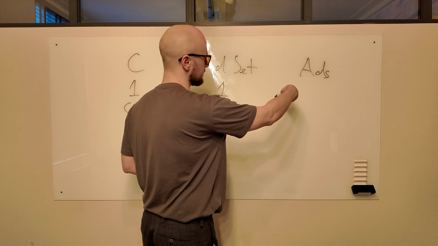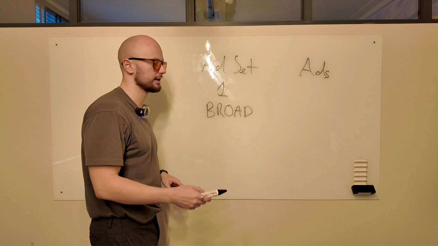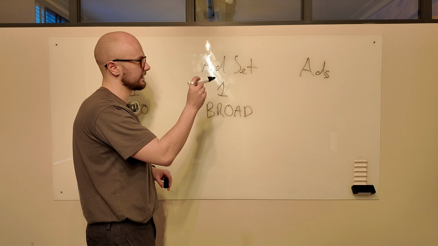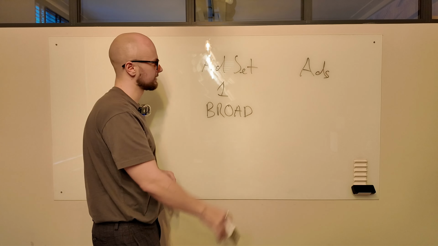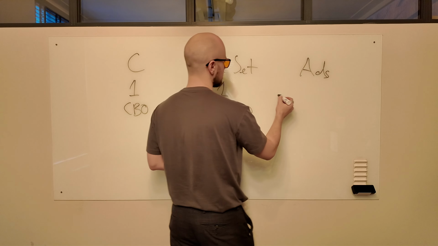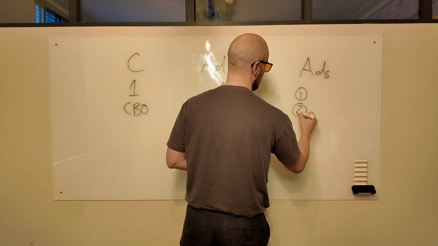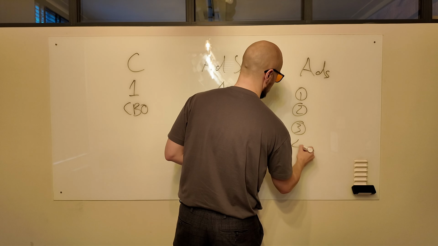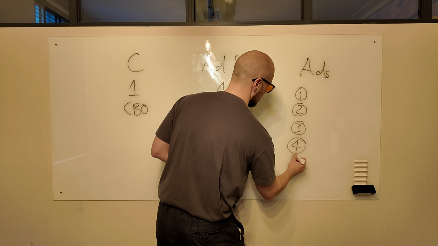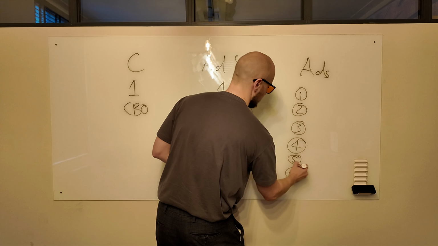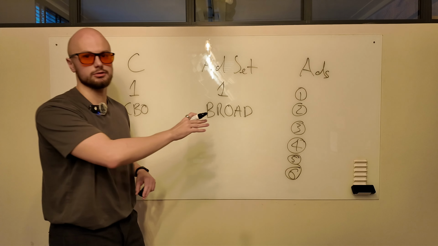And this is where things are going to get slightly more complicated. So for an initial ads setup, I want you to have 6 different ads in here. So we're gonna have ad 1, 2, 3, 4, 5, and 6. Now, we're not just gonna chuck any creatives in here.